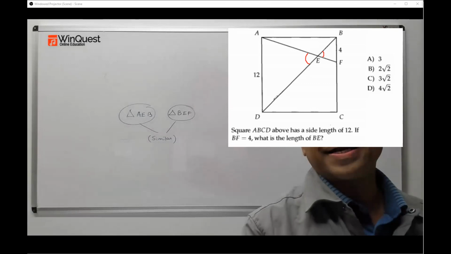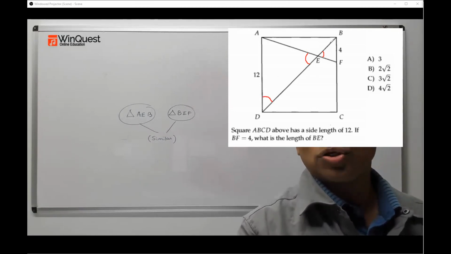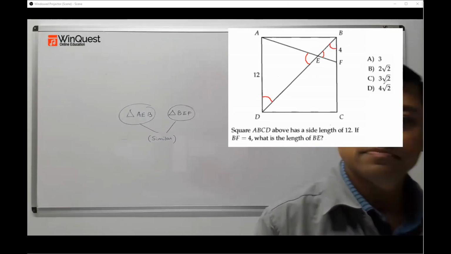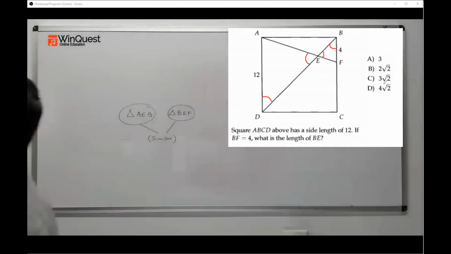Do we know that the diagonals of a square, when they are joined, make a 45-degree angle here? This is a 45-degree angle. Yes, sir. So this and this are same. It is a 45-degree angle. Am I making sense?